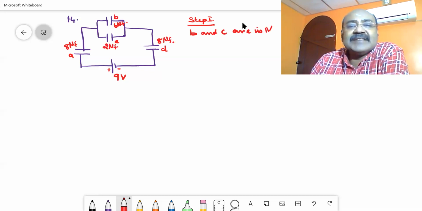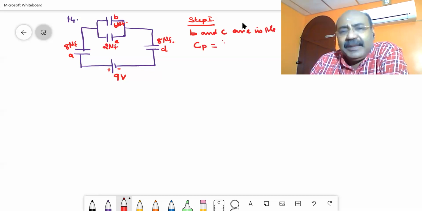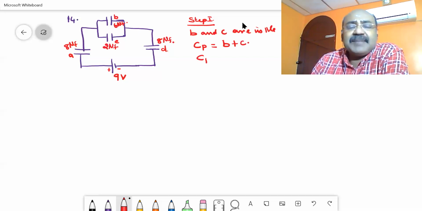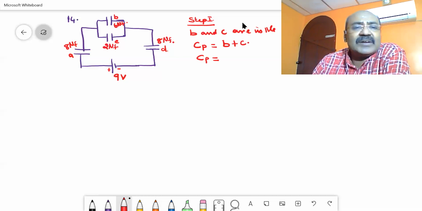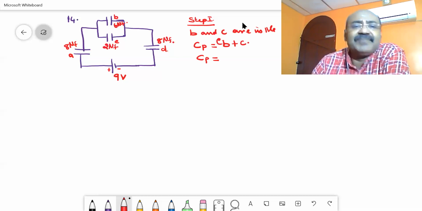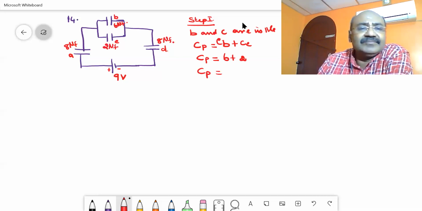So CP is equal to capacitance of B plus capacitance of C. One is 6, another one is 2. So CP is equal to 8 microfarad.